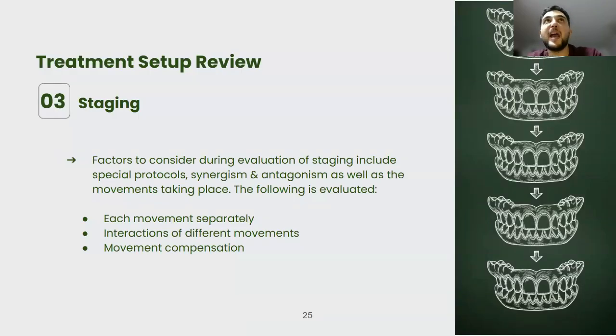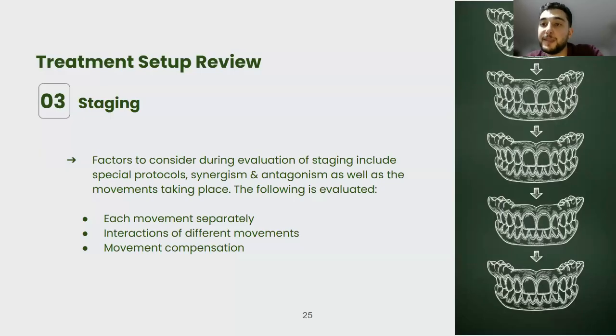If we want it to happen this early, for example, do I want to start with this vertical compensation so early on, or am I going to leave it last after I finish the transverse and anterior posterior problems? So we look at these movements, we look at the amounts, we look at when they happen, and we check if these movements are predictable or not.